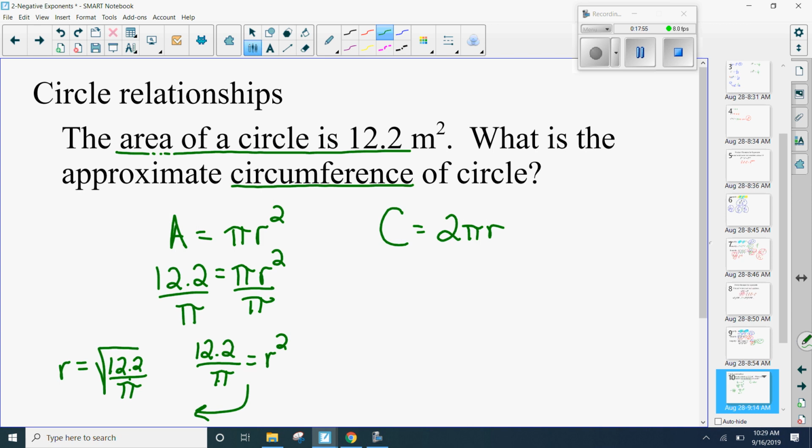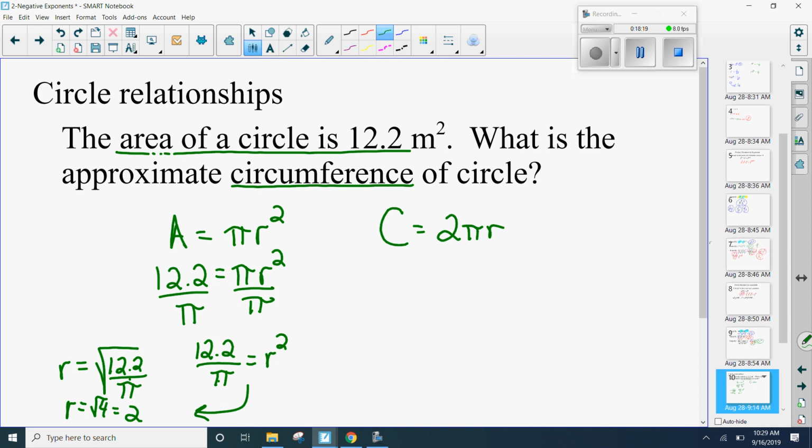If you took 12.2 and divided by pi, you get 3.93, which we said is an approximation, because this says approximate the circumference. So we said that this right here is 12 divided by 3, approximately 4. Square root of 4 is 2.